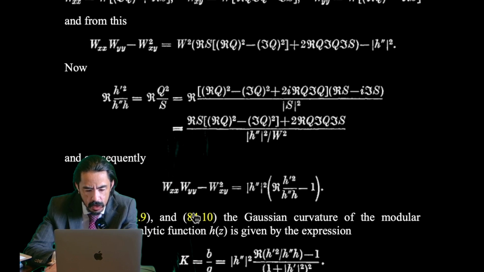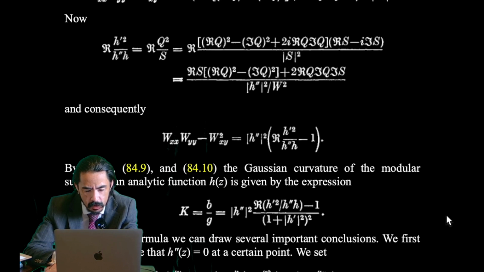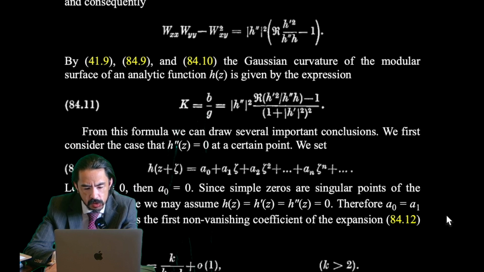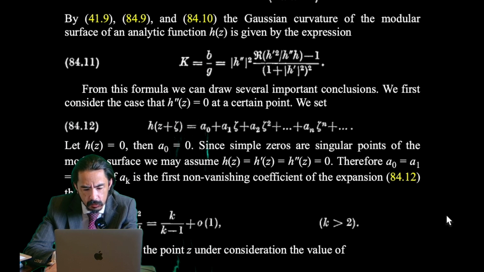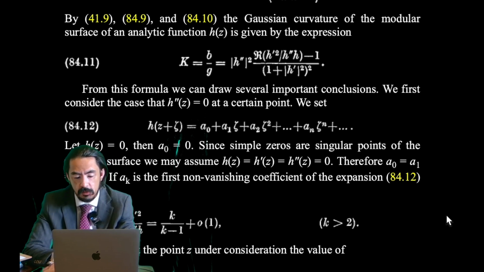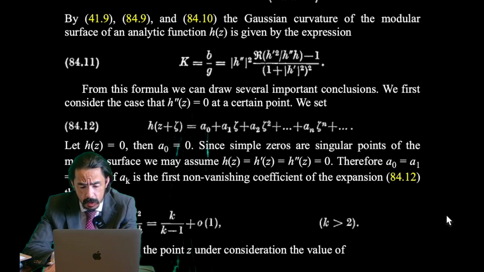By 84.9 and 84.10, stuff we just worked out, the Gaussian curvature of the modular surface of an analytic function h of z is given by the expression capital K equals discriminant of the second fundamental form, b over the discriminant of the first fundamental form, g is all equal to, it boils all down to, the square of the modulus of h double prime, then times a fraction with the numerator of the real component of h prime squared over h double prime times h, and then the real component of that is minus 1.